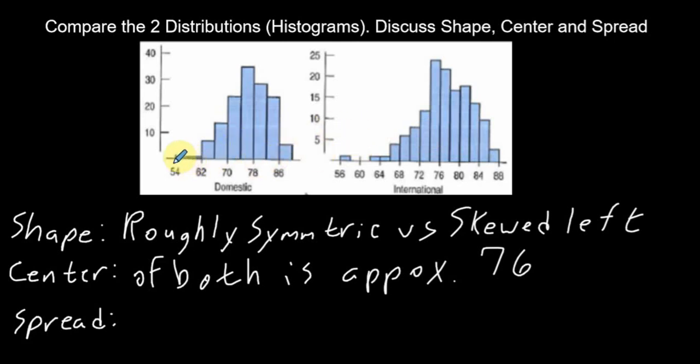But you can see clearly here, this one goes very little here at 54. Most of the data is between 62 and 88. And here again, most of the data is between 62 and 88. Center right here, center at 76. So it looks like the spreads are going to be fairly similar.